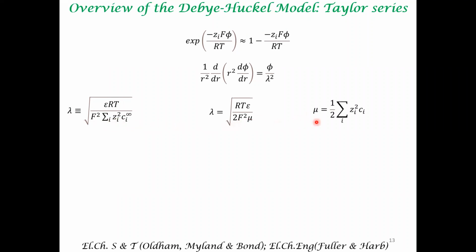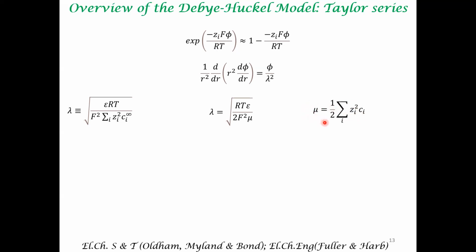Mu I can rewrite using this expression I've written in terms of mu. This is called the ionic strength. This is a measure of the average concentration of the ions in solution because this is Z squared. Both anions and cations will contribute equally to the ionic strength.